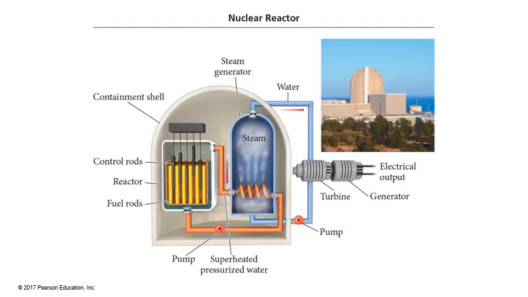In a nuclear reactor, the way that we use uranium-235 is in fuel rods. The fuel rods are contained in a reactor core. Inside the reactor core, we have control rods, and we'll explain what those are in just a minute.